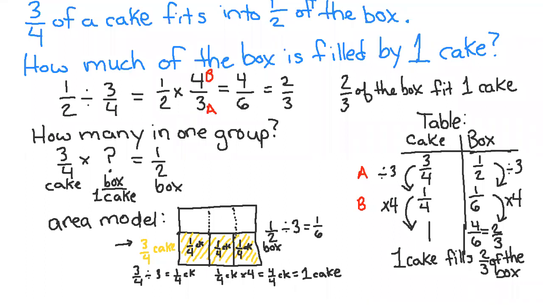By multiplying by 4, we need our original yellow pieces and 1 more piece. So we'll put this green piece in. Now we have 4/4 of a cake, forming a whole cake, and that's taking up the space of 1/6 times 4 parts, which is 4/6 of our box, which reduces to 2/3 of a box.